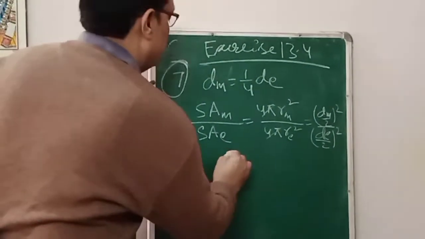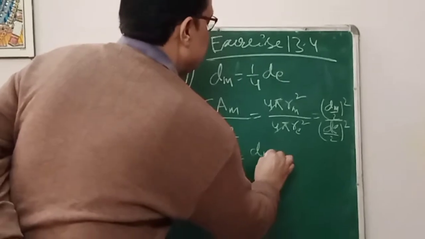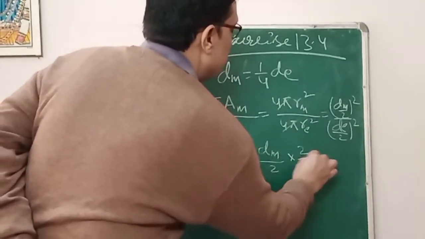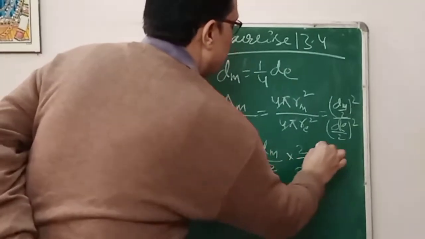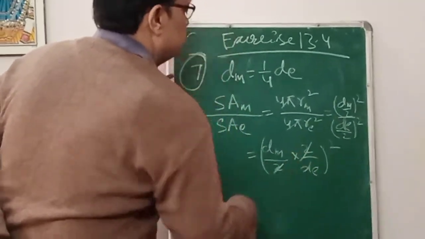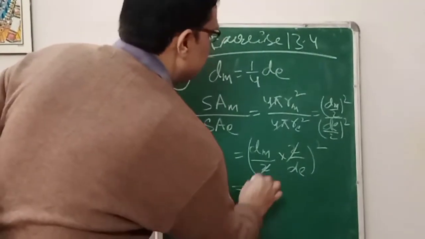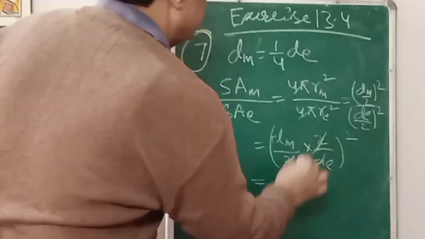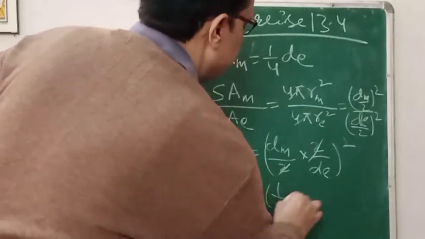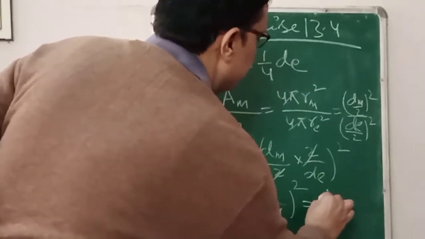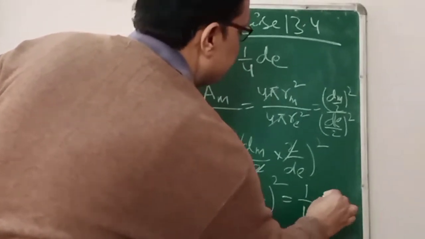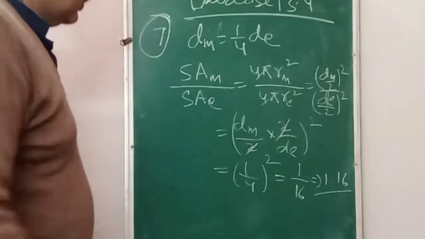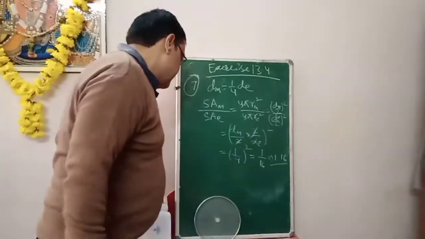So this is dm upon 2 into 2 by d, whole square, which is dm upon d whole square. dm upon d is 1/4, it is given in the question. So this is 1/4 square, that is 1/16. The ratio will be 1:16. So this is about the seventh question.